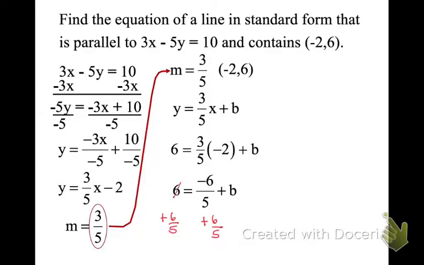But I need to make 6 something with a common denominator. How about 5? What over 5? 30 over 5 equals 6. And now what we have is 36 over 5 is equal to the b. Don't change it to a mixed number yet. Keep it in fraction form.